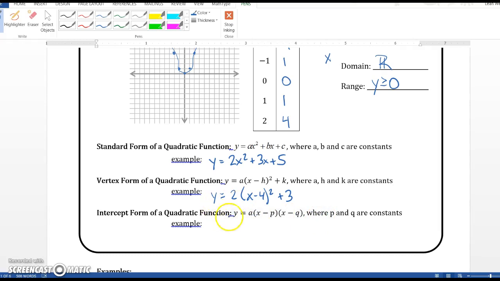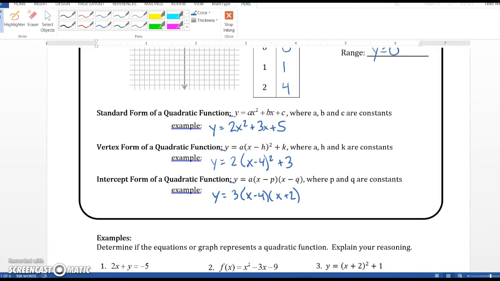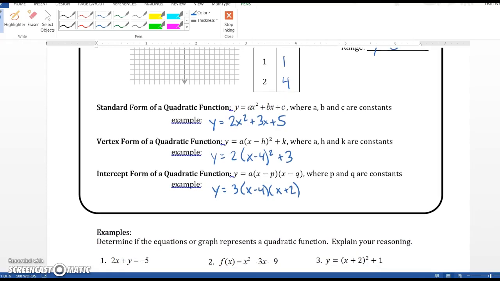So this could be something like 3 times (x minus 4) times (x plus 2).